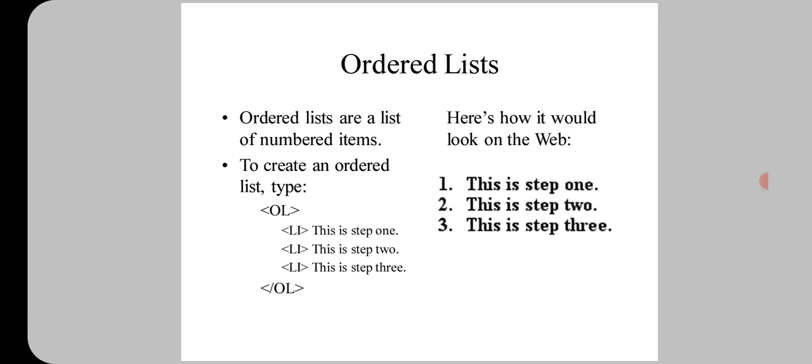And what is the other type of list? The unordered list. In an unordered list, we display the data or information not in a predefined order.